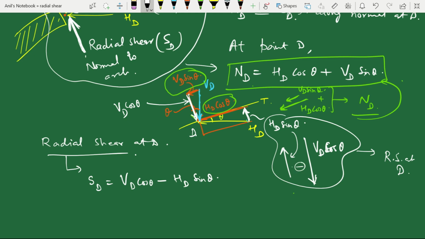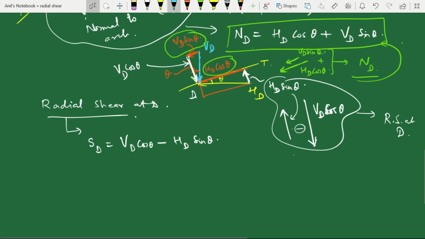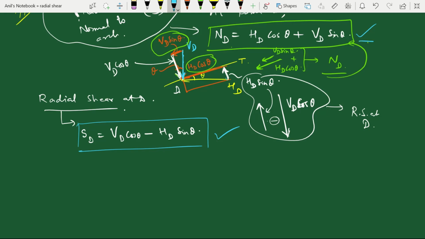So we take the difference of the two and get this relationship. So using these two equations 1 and 2, we can easily get normal thrust and radial shear at any point on the arch.